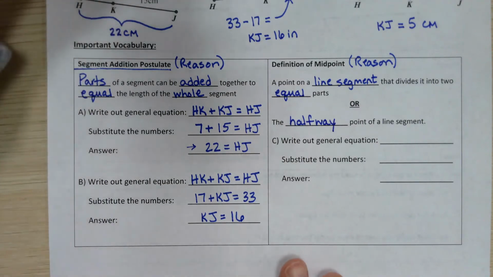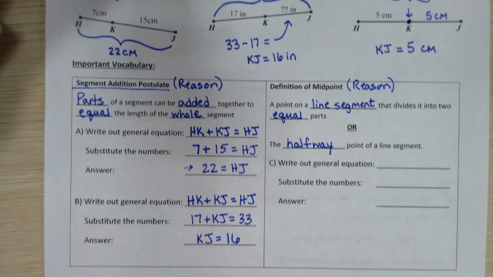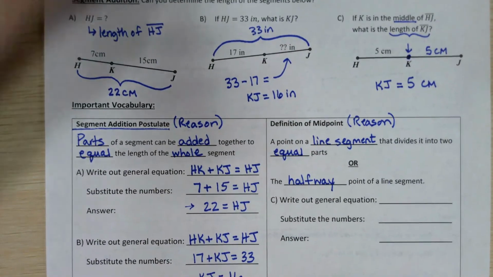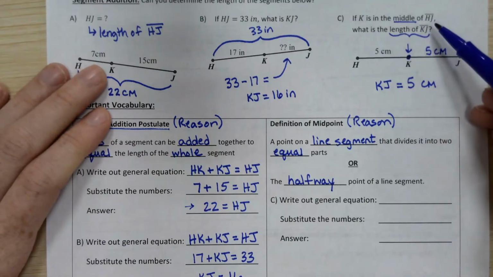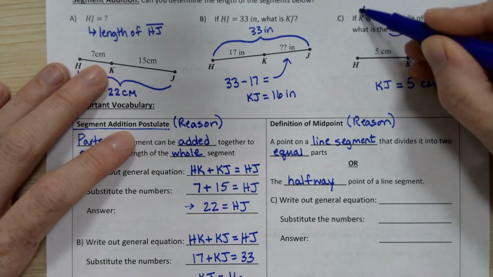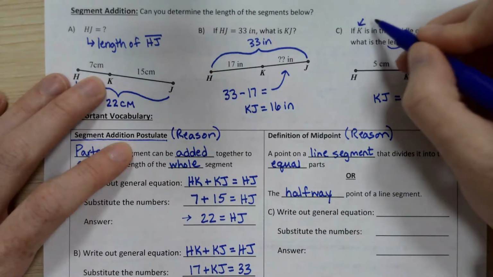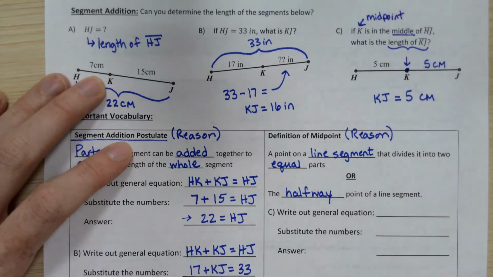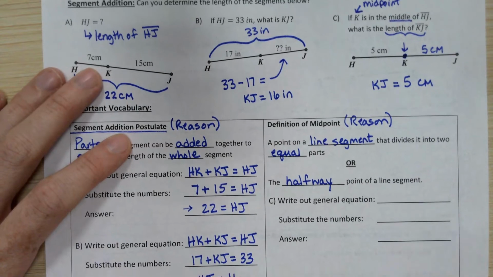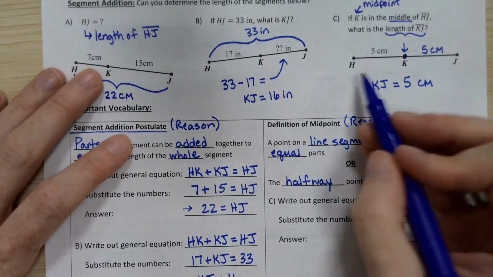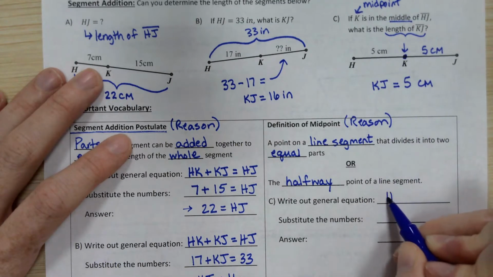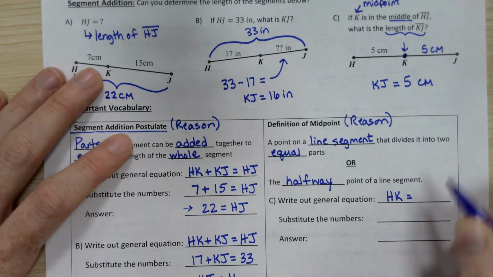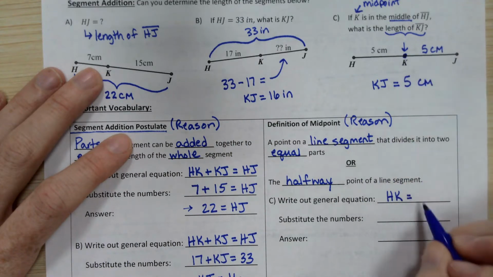And believe it or not, we use that idea up here when we were looking at example C. When K was in the middle of HJ, that really tells us that K is one of these midpoints. And so what we were able to do is say that HK was equal to KJ.